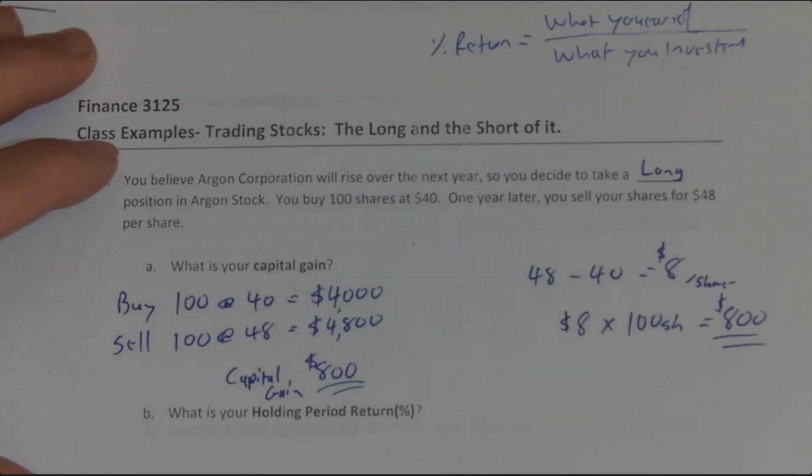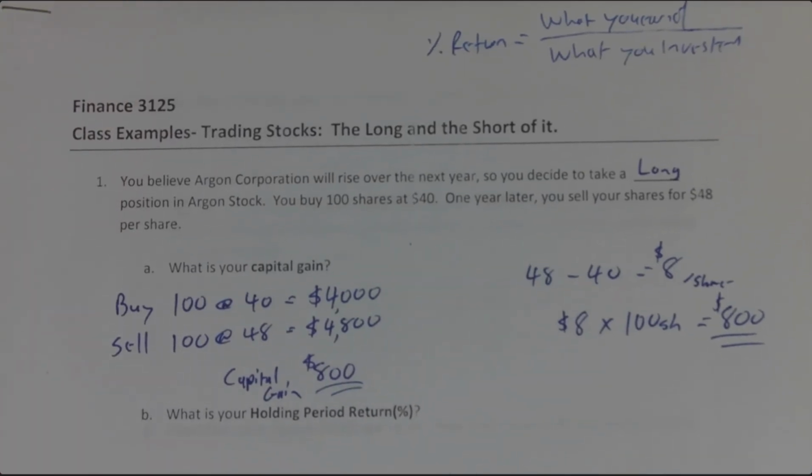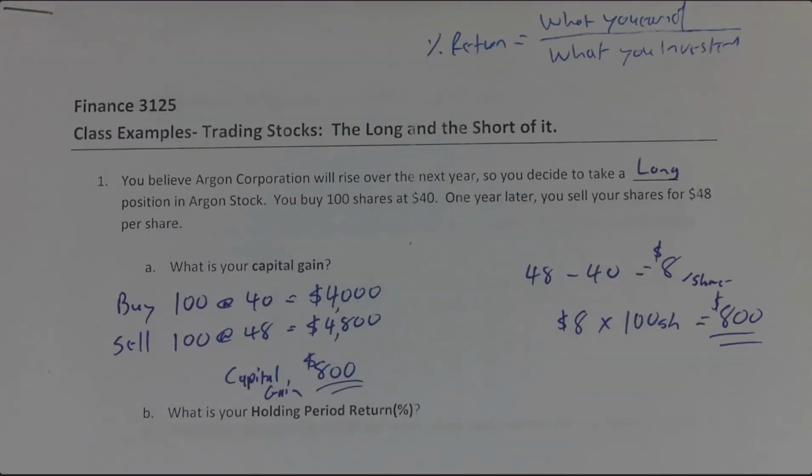So we get the same thing either way. Generally, if I'm calculating returns, I'm going to do it on a per share basis and then multiply by the number of shares. But there are some things that we'll actually have to multiply everything out for.